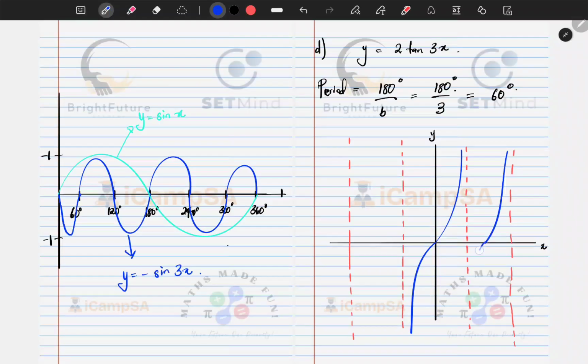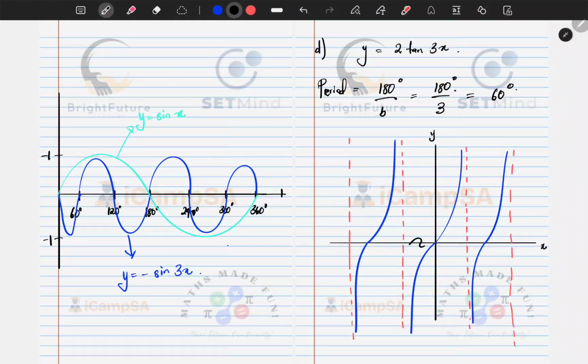It's not supposed to be a straight line. Great.